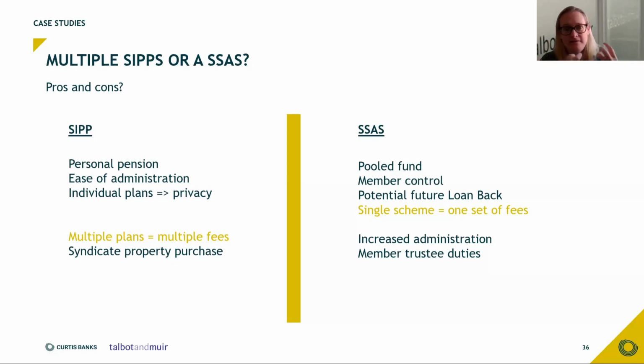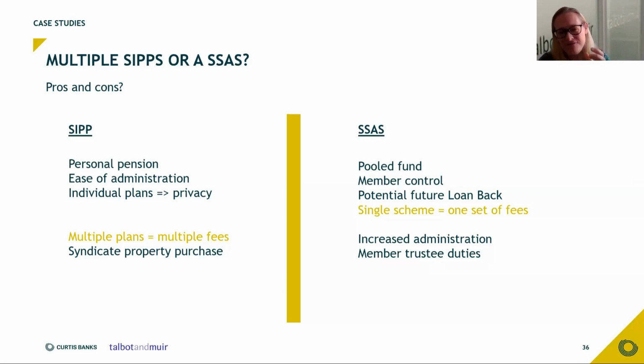There's also, if they're a small limited company, the potential to use a loan back in the future, so that feature might be appealing to them as a business. And of course, the pro is there is a single set of fees, which we will go on to discuss, as I've just given you a quick hint as my clicker went off.